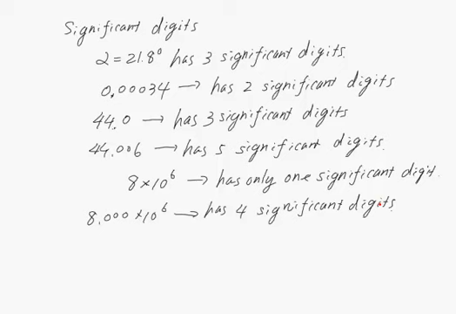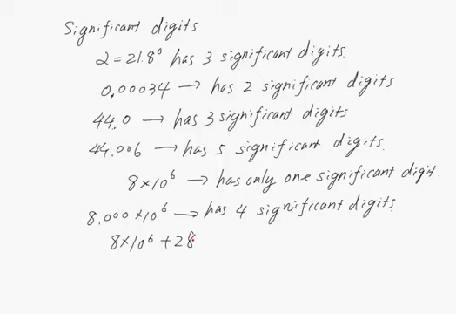Sometimes you may add two results, two measurements. Then the answer is only as accurate as the least accurate of the two measurements. For example, you may have 8 times 10 to the 6 plus 28.